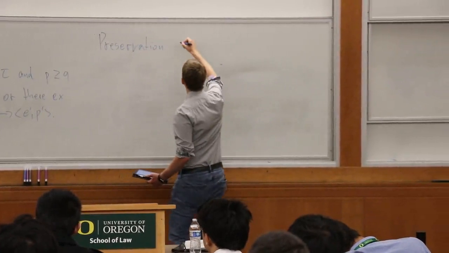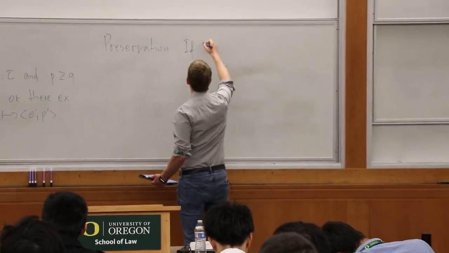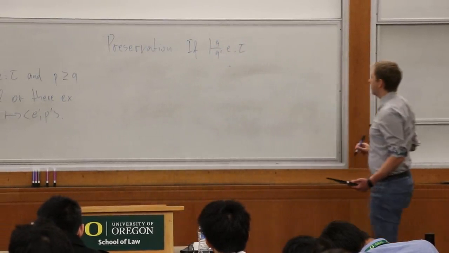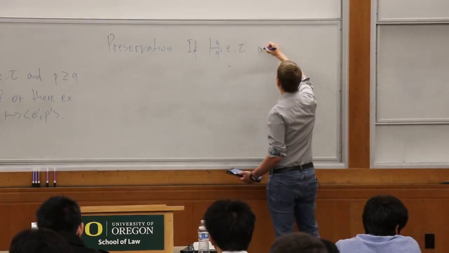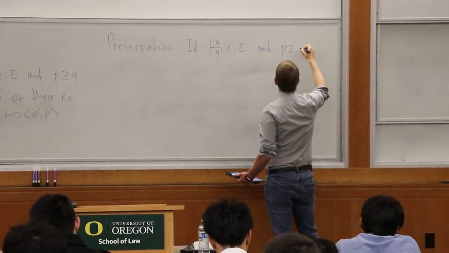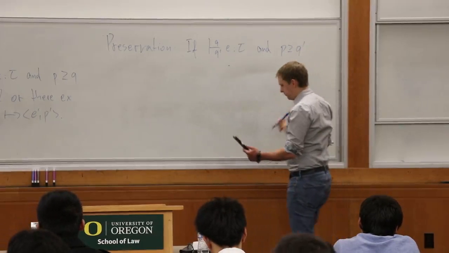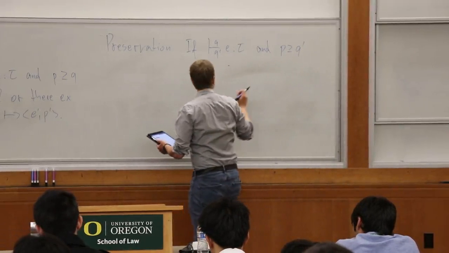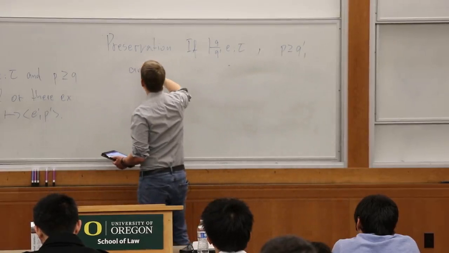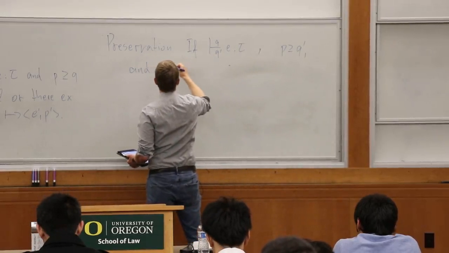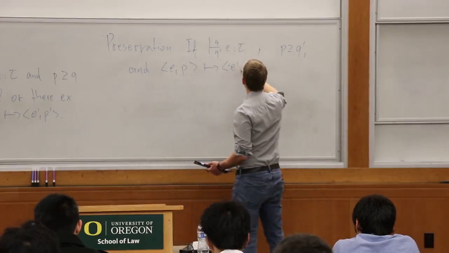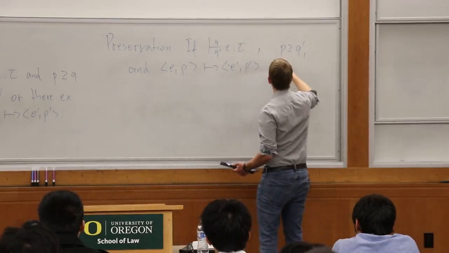So if we have a well-typed closed expression E, and enough resources available, and we make a step from E and P to some E prime and P prime, then what?